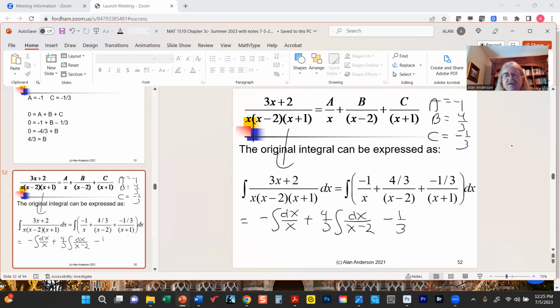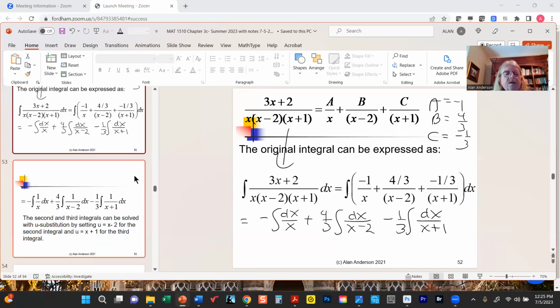And this is a good idea because each one of these may need a different approach to be solved for. So this way you can treat them all individually. Like here, the first one is already, we know this is the natural log, okay? But the other 2 will certainly want to use U substitution for them.